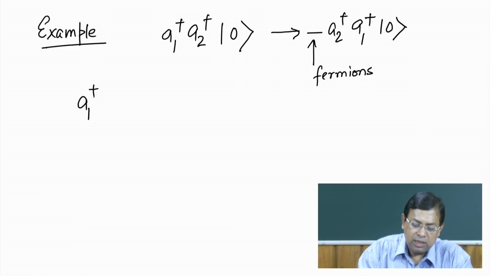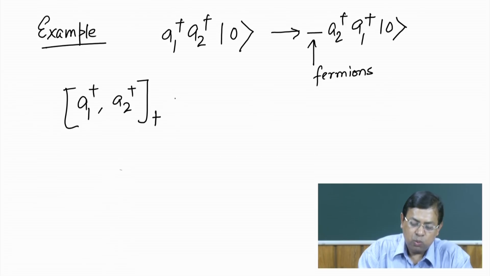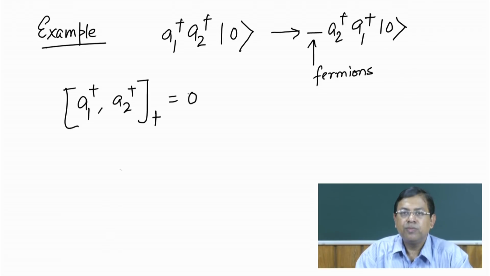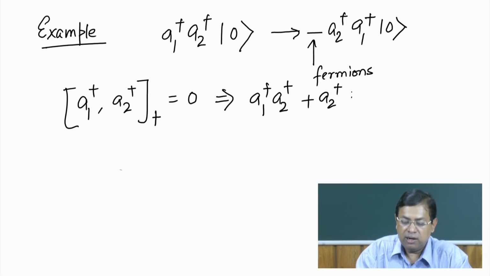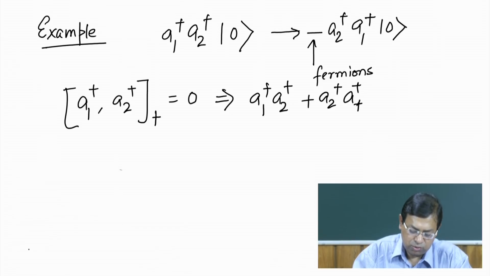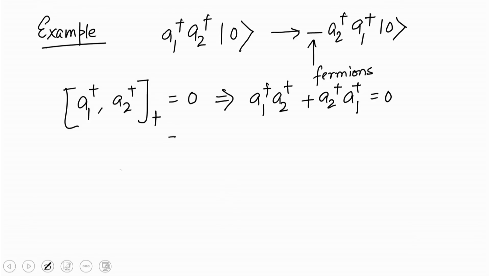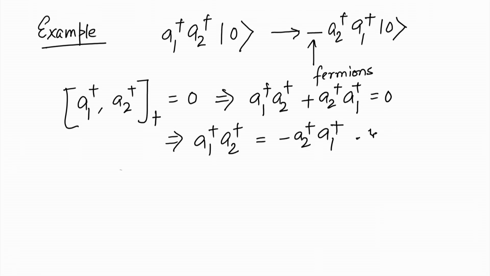This negative sign can also be obtained if we consider the anti-commutation relations of these two operators, which is written as this, which is equal to 0, and this immediately means that A1 dagger, A2 dagger plus A2 dagger, A1 dagger equal to 0, and the consequence is that if I change the position, I will get a minus sign, as you can see from here.